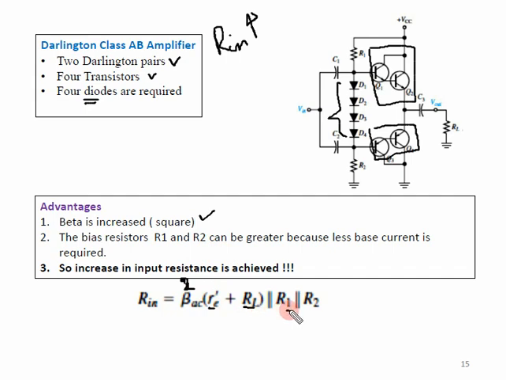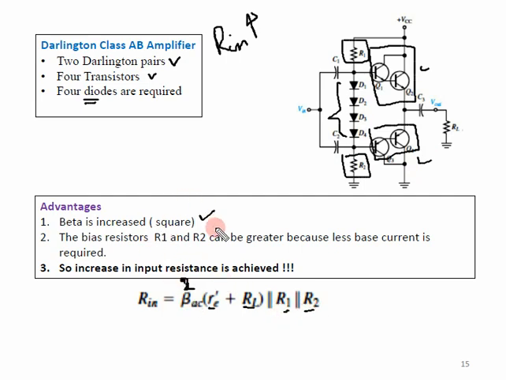The next thing is R1 and R2 for this Darlington pair. Normally we take these values R1 and R2 as higher values compared to the single push-pull case.